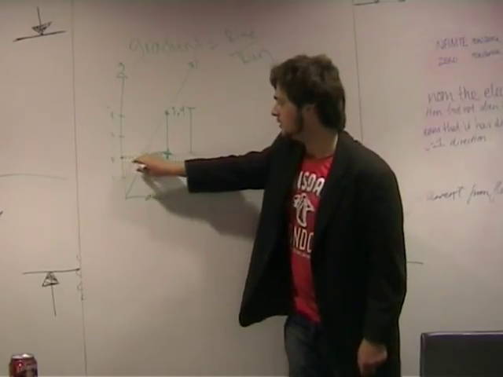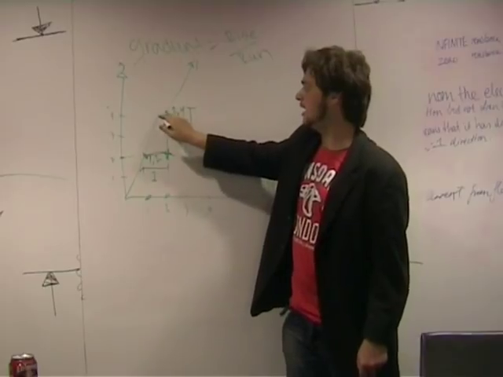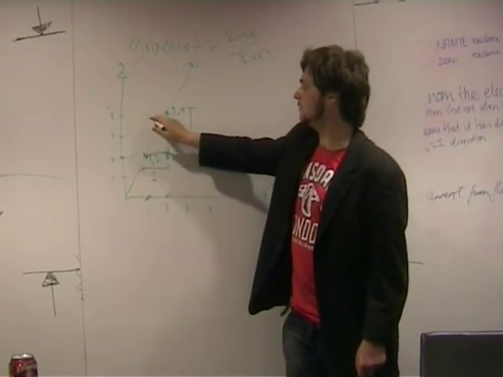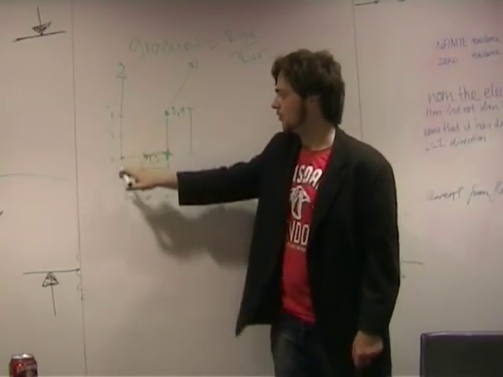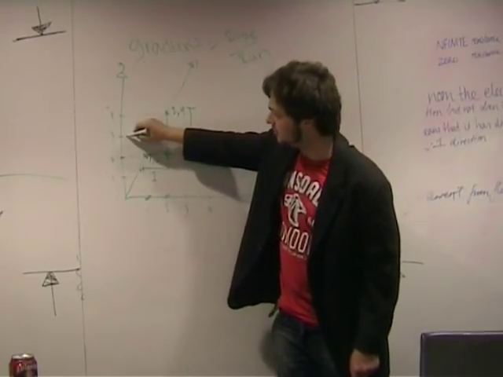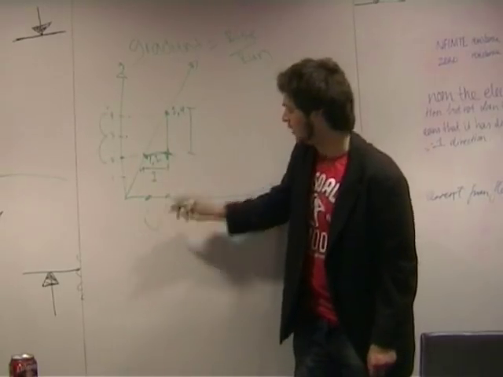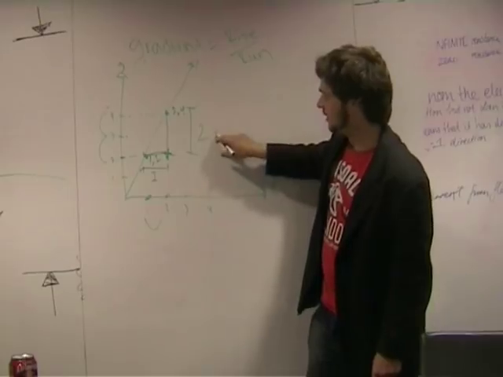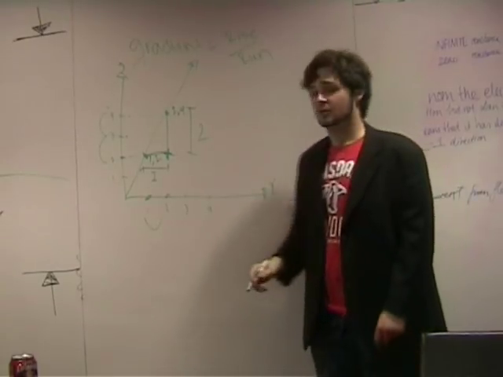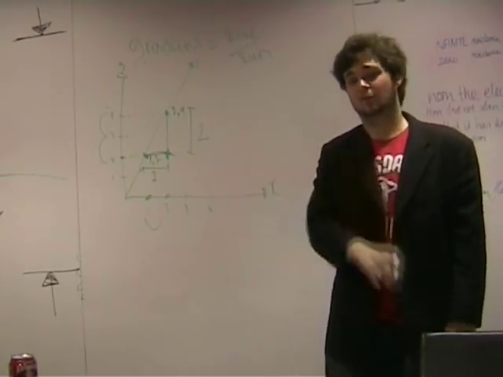You started at 2 here, and then we ended up at 4. The distance that it's gone up is 1, 2. So the rise is 2. Remember, gradient is rise divided by run, rise over run.